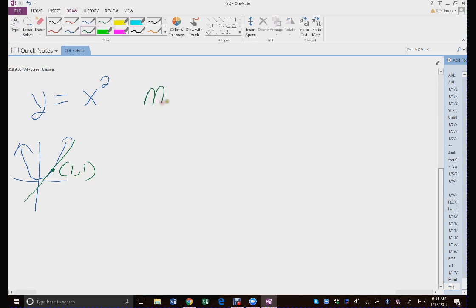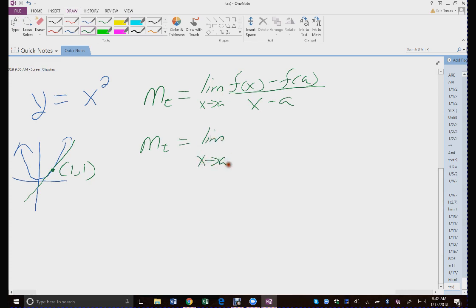The slope of that tangent line equals the limit as x goes to a of f of x minus f of a all over x minus a. So here we go. f of x is x squared minus f of a, plug in a for x, you get a squared, all over x minus a.